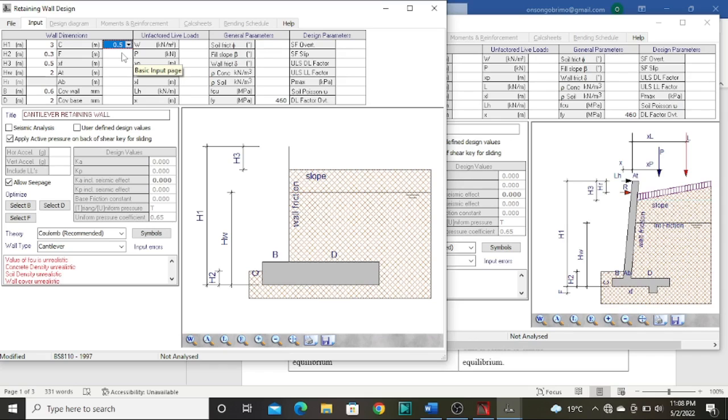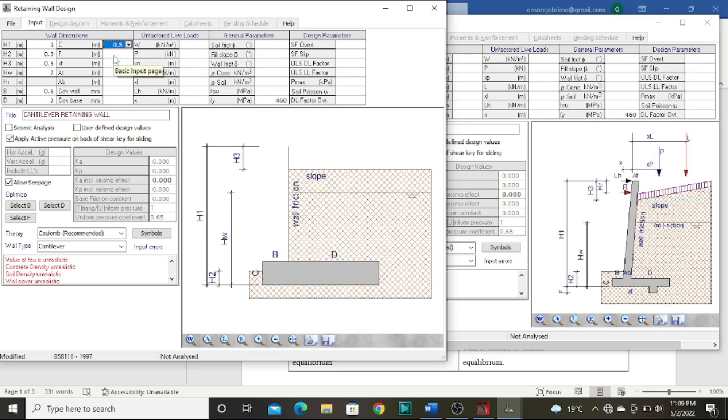F is the depth of the shear key. If I have a shear key at this section, I normally input its depth at this point. But whenever you're designing a wall, first of all, you need to design it as a cantilever, and then if it fails against sliding, you provide a shear key.